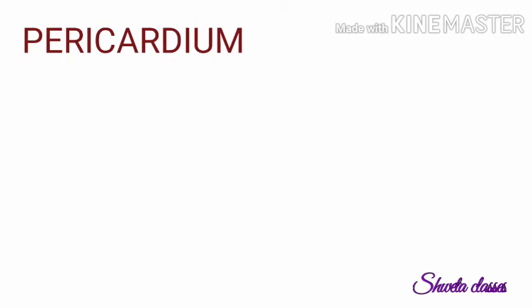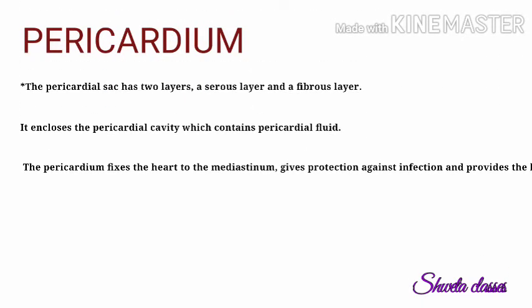So now we talk about the pericardium. The pericardium is a thin sac that surrounds your heart. It is made up of two layers, the serous layer and the fibrous layer. It protects and lubricates your heart and keeps it in place within your chest.